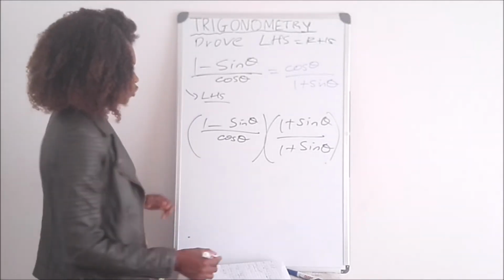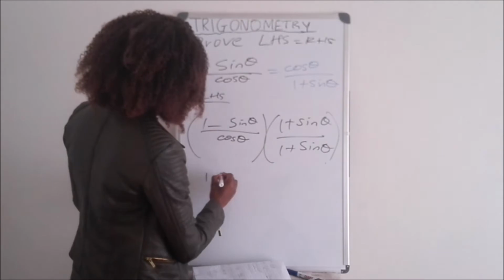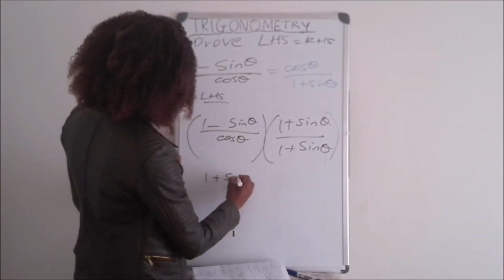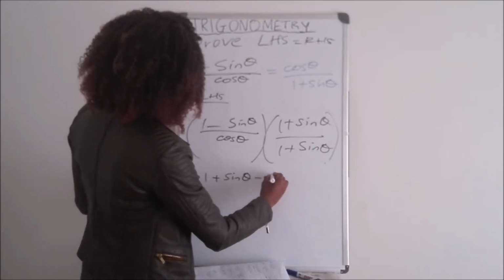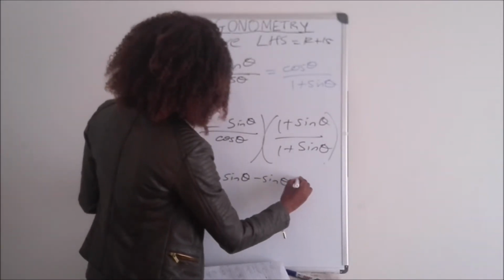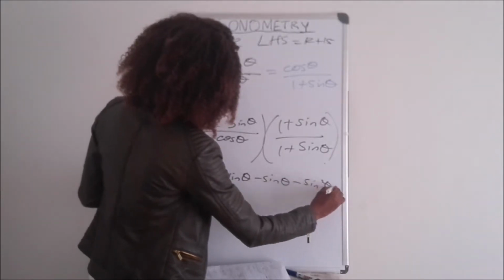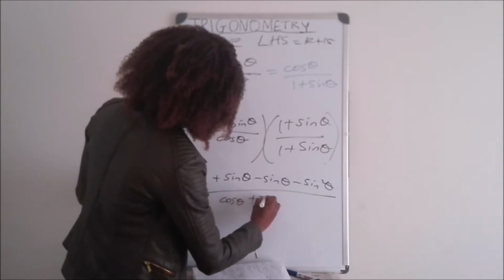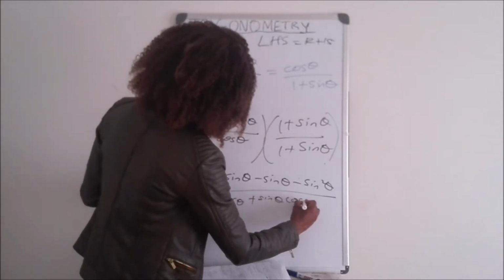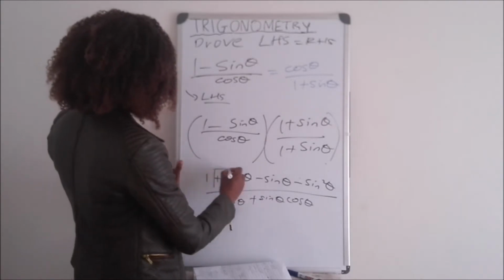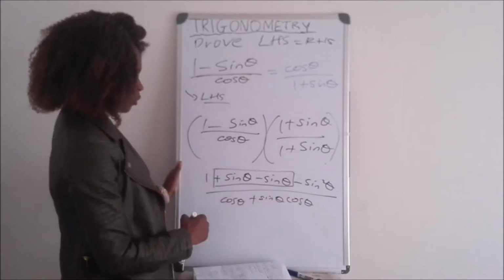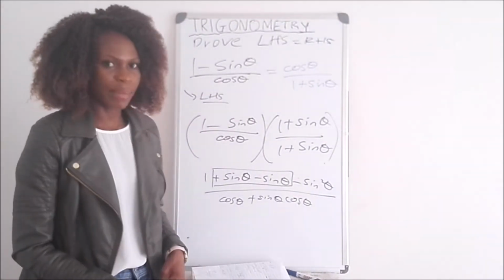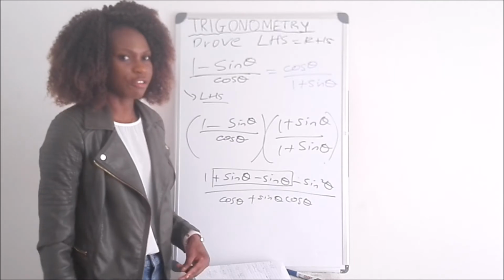Then from here, when we multiply in, we'll have 1 plus sine theta minus sine theta minus sine squared theta. Alright, and then in the denominator we'll have cos theta plus sine theta cos theta. This part here is equal to 0. Then in the numerator, we are left with 1 minus sine squared theta. Remember, 1 minus sine squared theta is the difference of 2 squares.